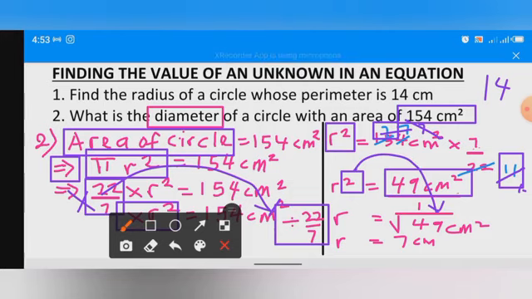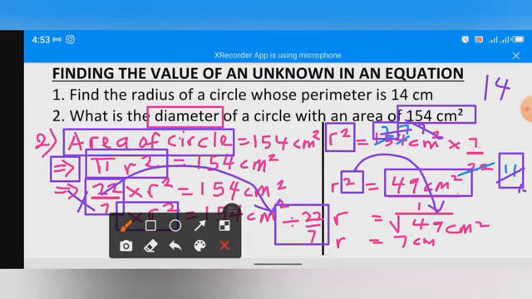The opposite of squared is square root. The opposite of addition is subtraction, the opposite of multiplication is division, the opposite of squared is square root, the opposite of cubed is cube root, and so on.